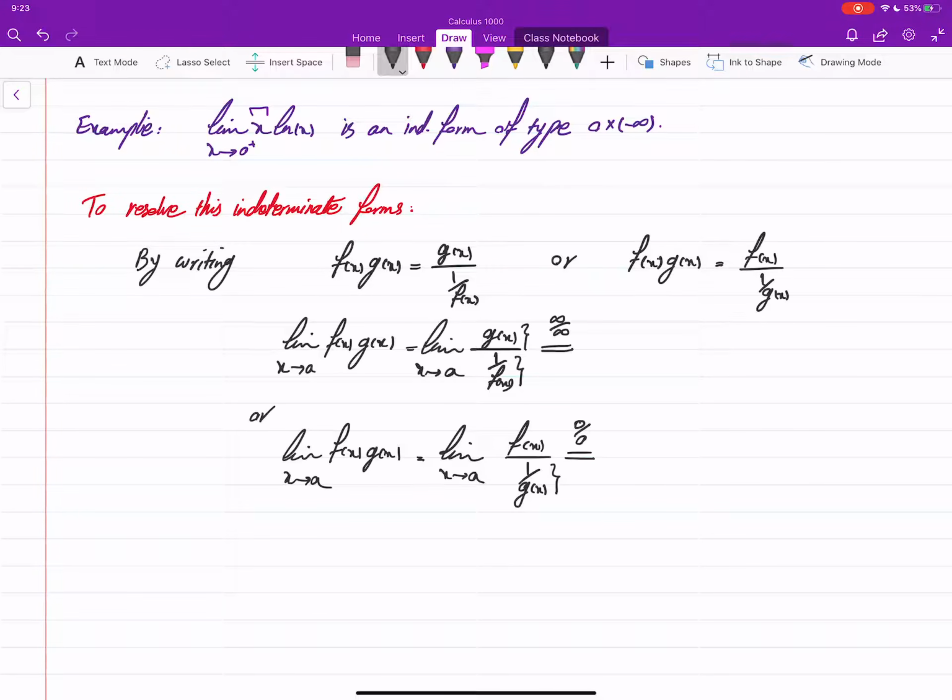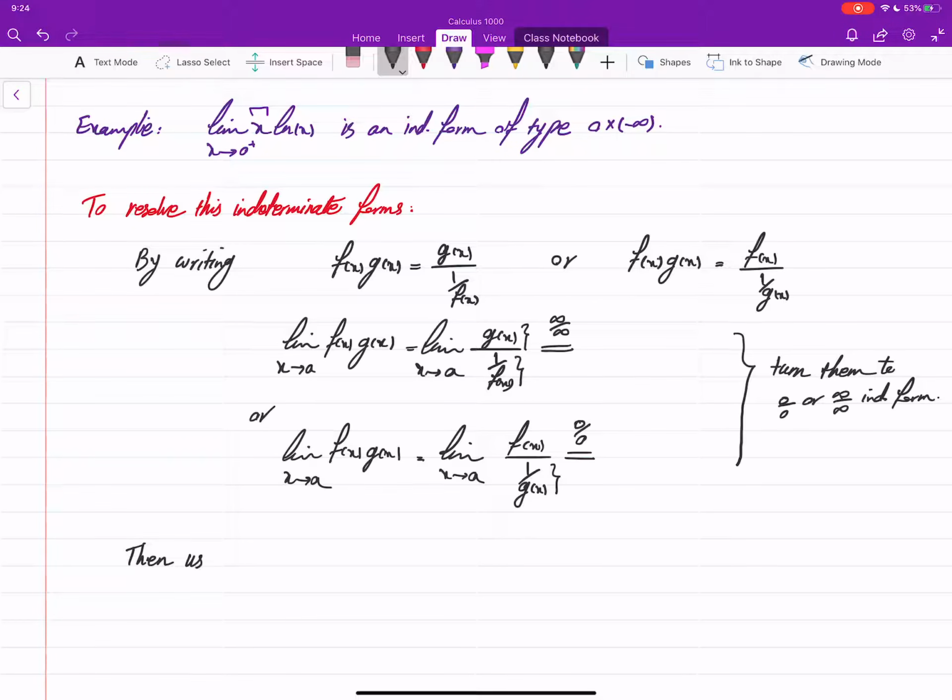So by writing that, we turn these into quotient indeterminate forms, either 0 over 0 or infinity over infinity. Why is it important for us to have 0 over 0 or infinity over infinity? Because we have a strong tool, L'Hopital's rule.